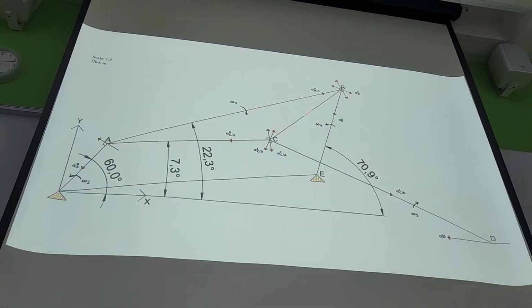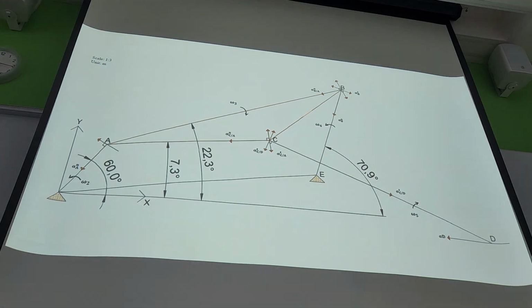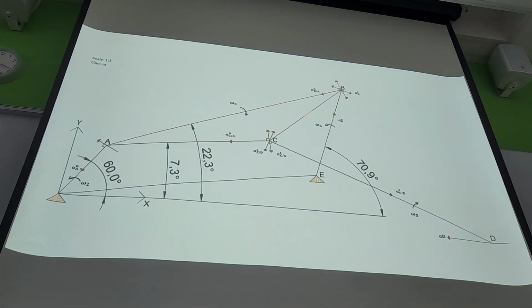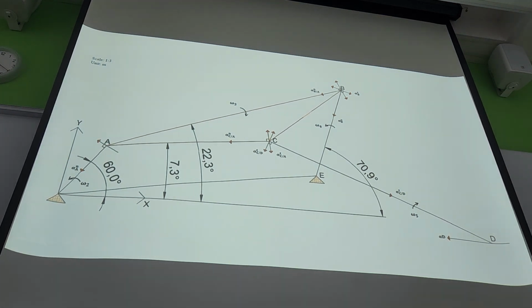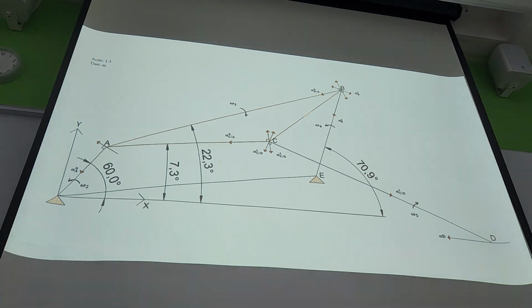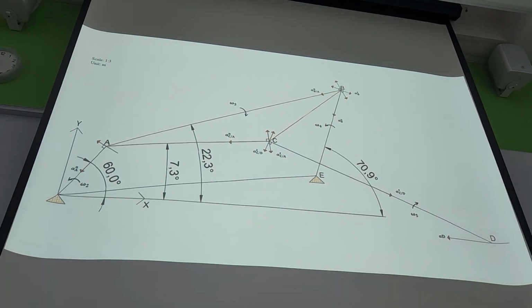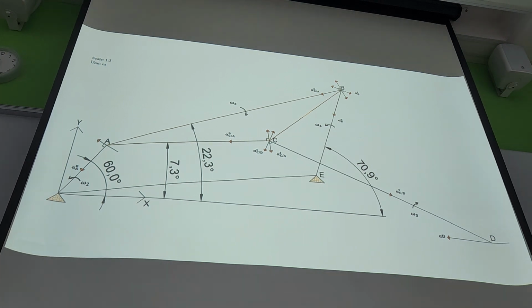On the mechanism you need to identify first the directions of all the components. For example, this is the point A, right? So alpha 2 is given as counterclockwise here. So the tangential component is as shown here. The normal component is as shown in the direction of the link.